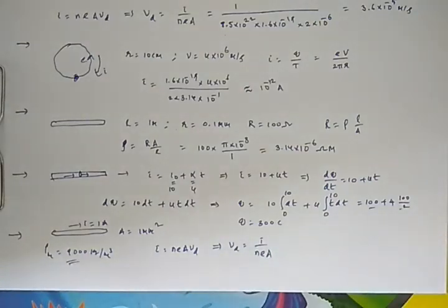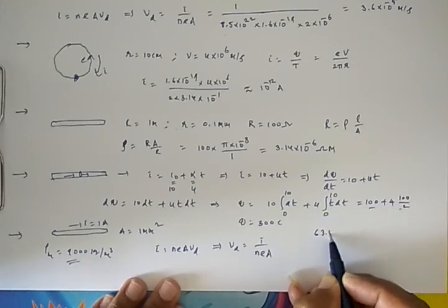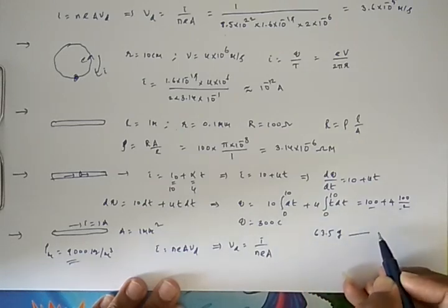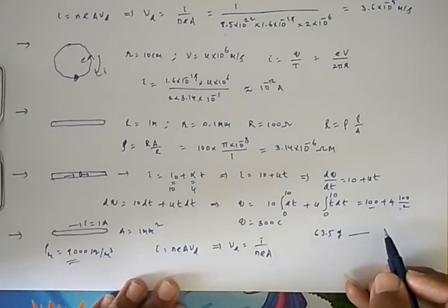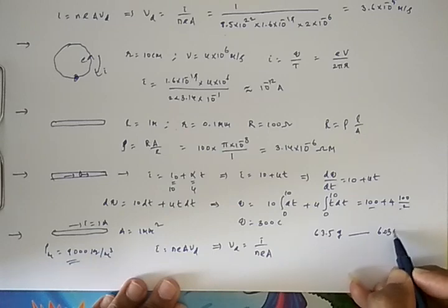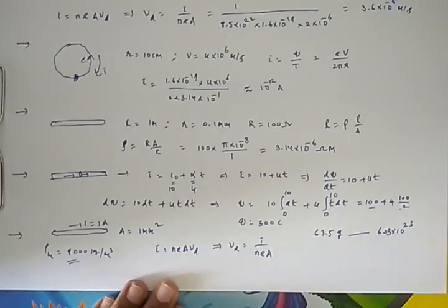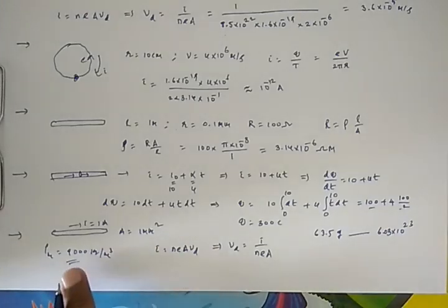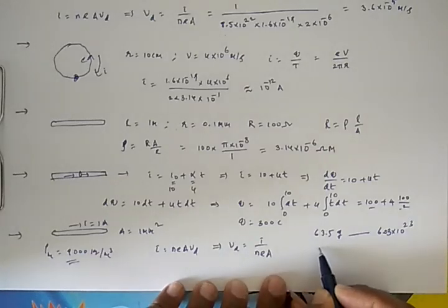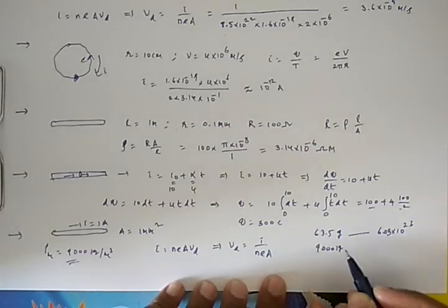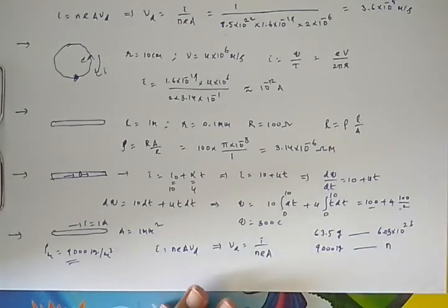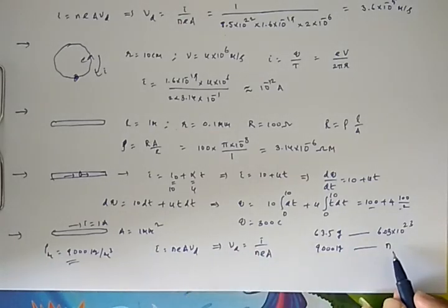We know the atomic mass of copper is 63.5. So if you take 63.5 gram of copper, there will be Avogadro number of atoms, that is 6.03 into 10 power 23 atoms. So when you take 9,000 kilogram, how many atoms will be there?